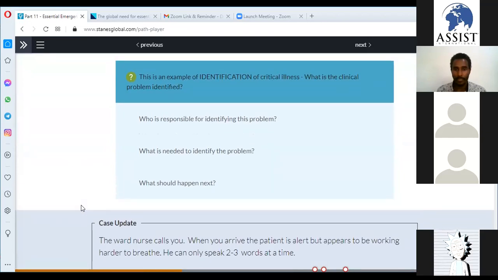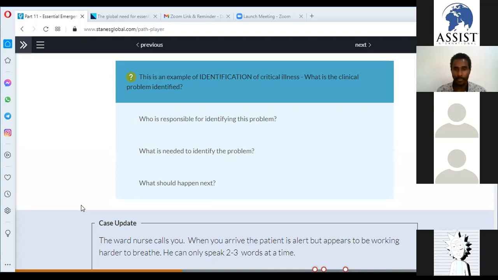So what are the criteria that we can use to say this patient is critically ill? We can see the respiratory rate, the pulse rate, the blood pressure, whether they are dropping or not. We can see the mental status of our patient. Is the patient confused, lethargic, comatose?